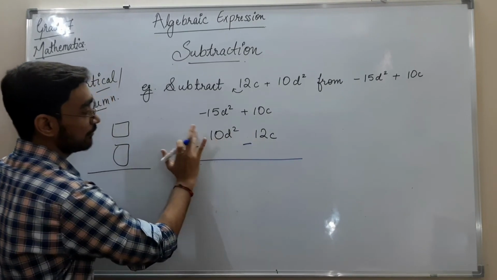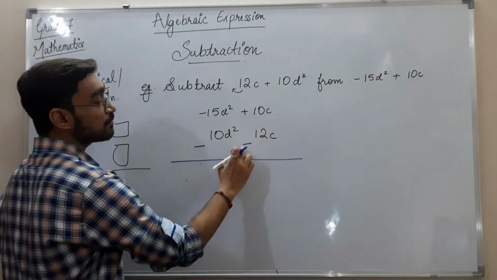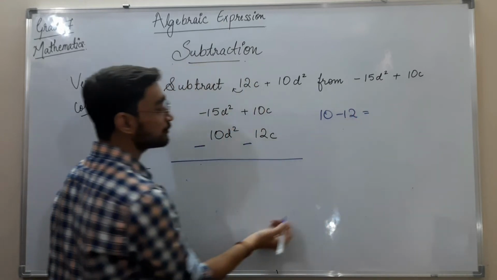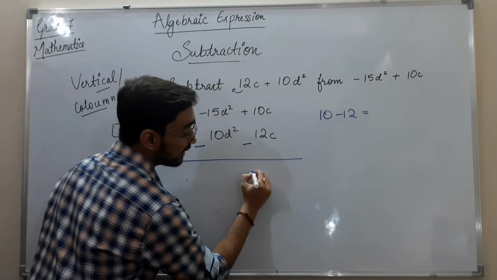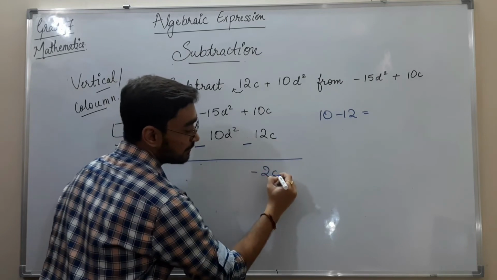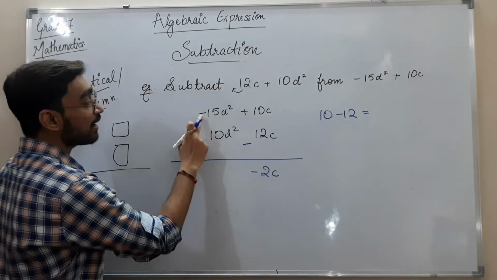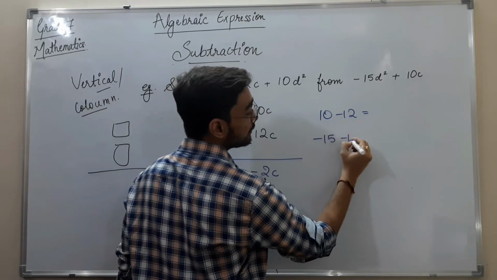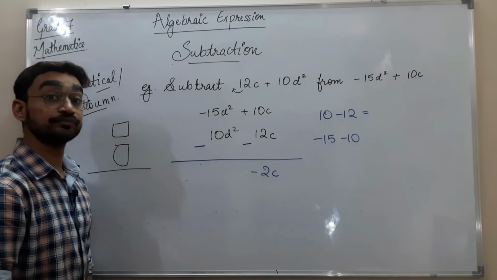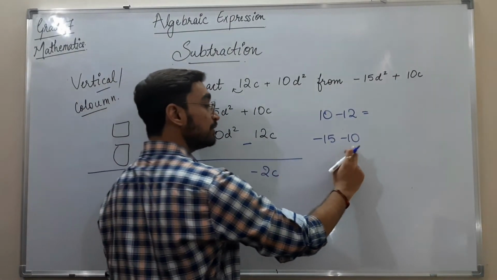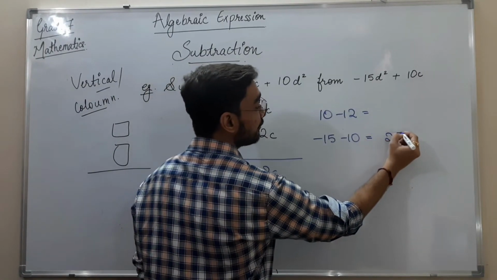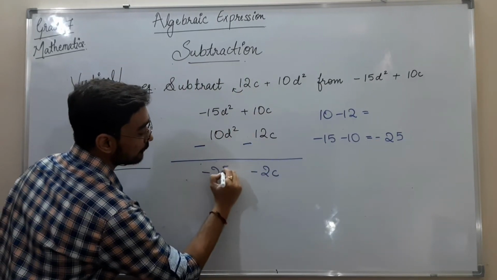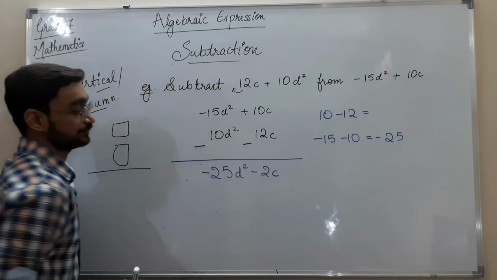There is no need of this symbol. 10 minus 12, how much will it be? Very good. Minus 2. The variable will be the same. Now minus 15 minus 10. Minus minus will become plus. So 15 plus 10 will give you 25, and it will be negative 25. So we can write minus 25d square.